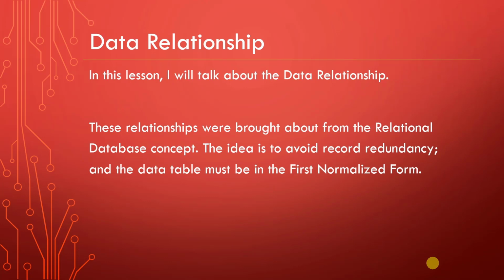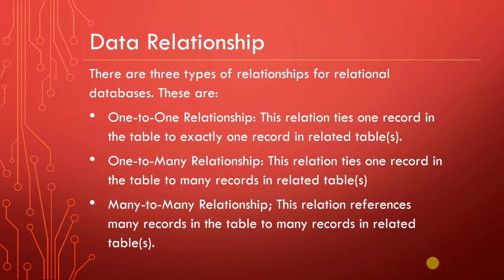I will share with you what a normalized form is later on. Just keep in mind there are relationships in each table that you have in the database. These relationships are one-to-one, one-to-many, and many-to-many.